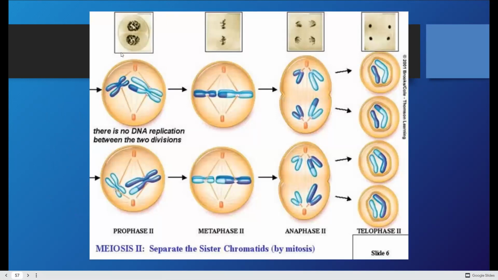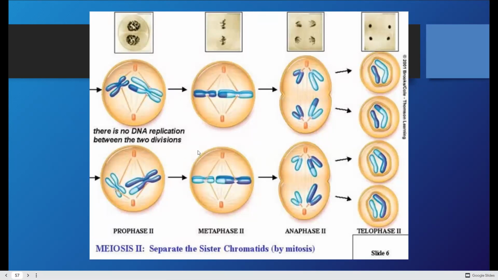This is the late telophase 1. When the centrioles start to move again to the opposite poles, prophase 2 starts also.